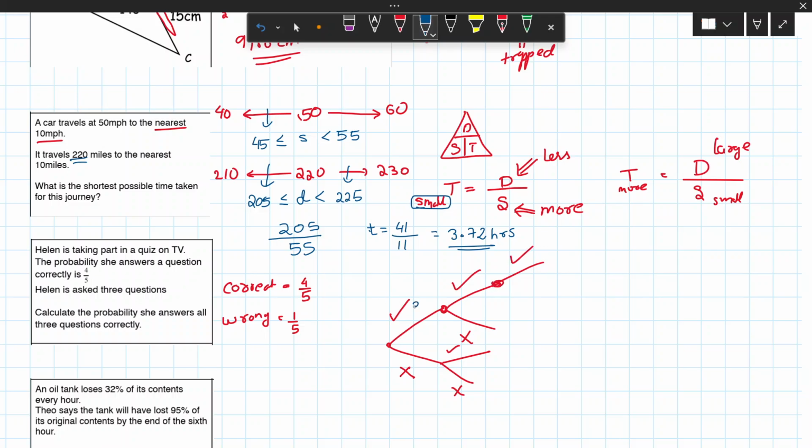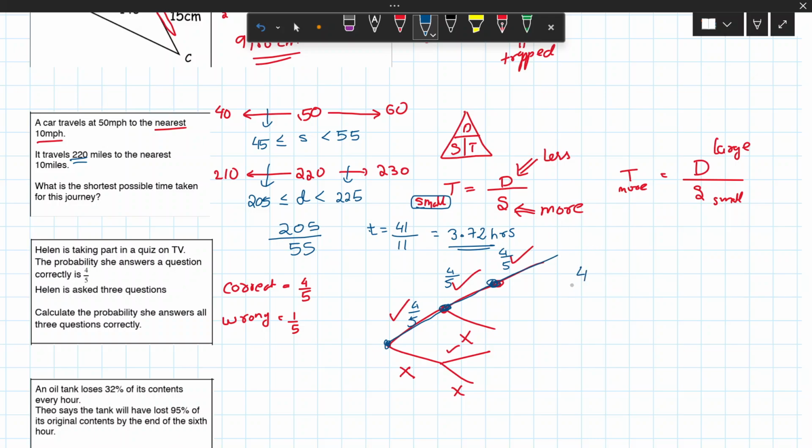So getting correct the first time, that's 4/5. Getting correct the second time, that's also 4/5. Getting correct the third time, that's also 4/5. So you don't have to draw the tree diagram for everything once you realize that the only branch that you need is the correct one.